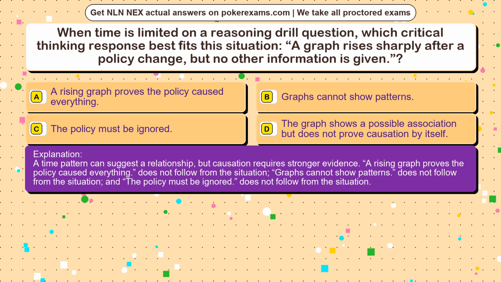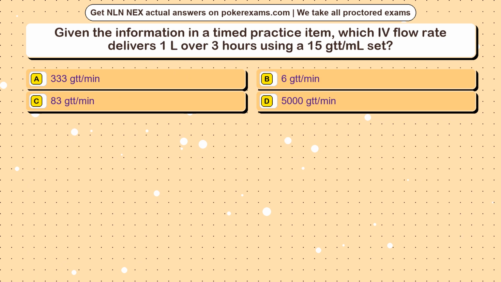Question 6. Given the information in a timed practice item, which flow rate delivers 1L over 3 hours using a 15 GTT/ml set? Option A, 333 GTT/min. Option B, 6 GTT/min. Option C, 83 GTT/min. Option D, 5000 GTT/min.